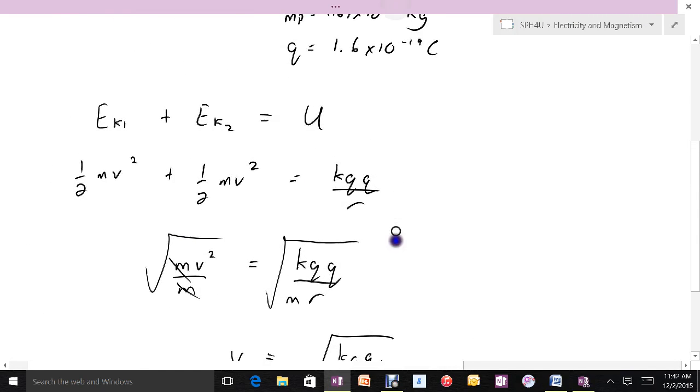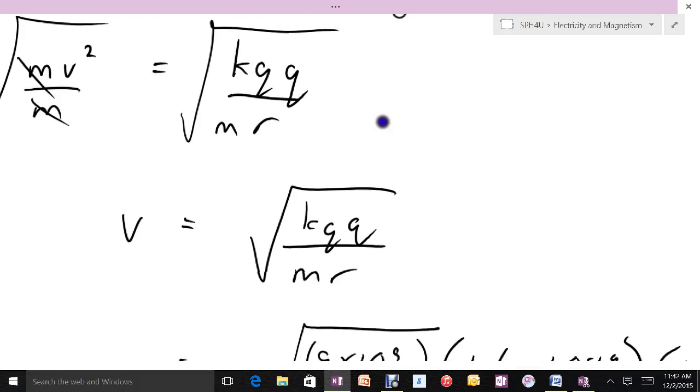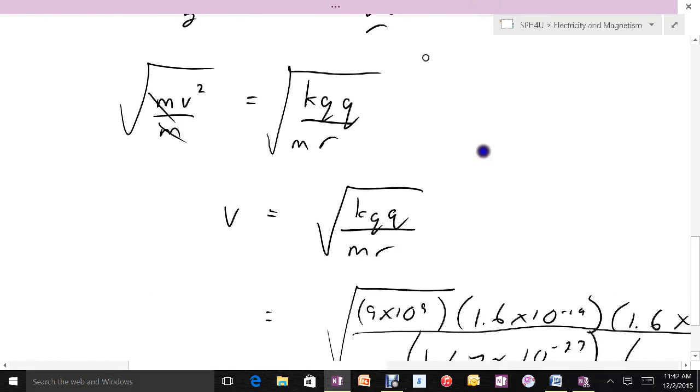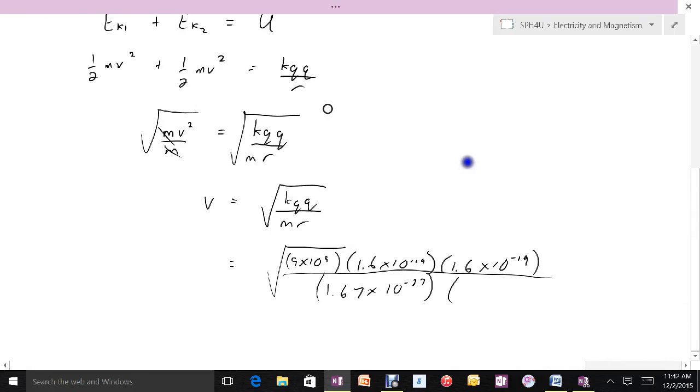Sorry about all that resizing, just trying to get it figured out. 0.0012 nanometers means times 10 to the negative 9 meters.